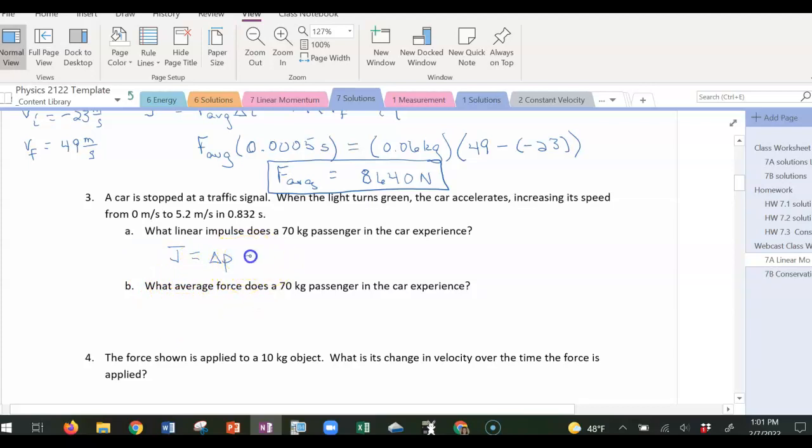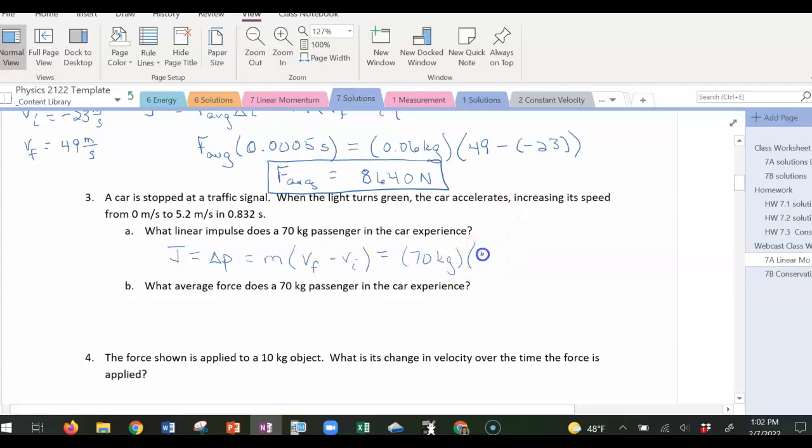That's going to be the mass times the change in the velocity, which is final minus initial velocity.